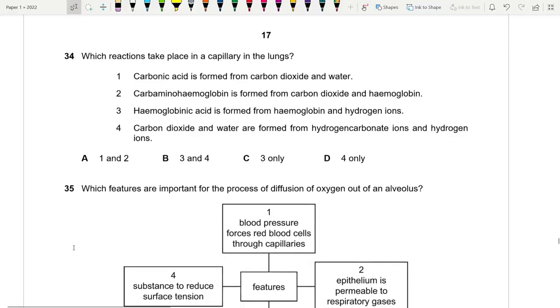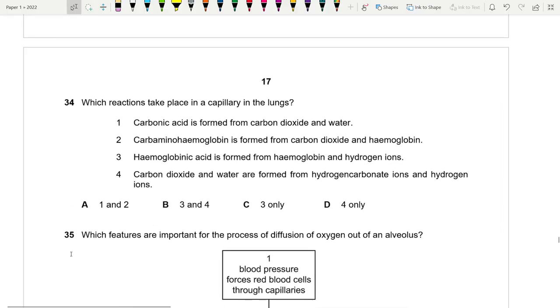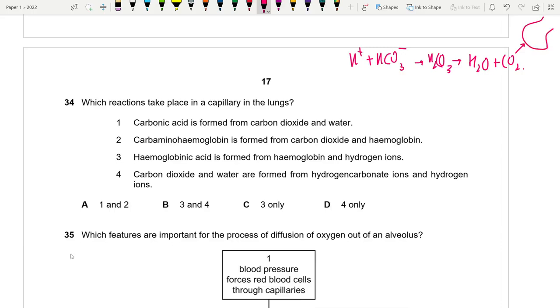34. Which reactions take place in a capillary in the lungs? Okay, in the lungs, carbonic acid is formed from carbon dioxide and water. Honestly, this is what happens in the lungs. This reforms to form H2CO3, and then this forms H2O and CO2, which we release to the alveoli.